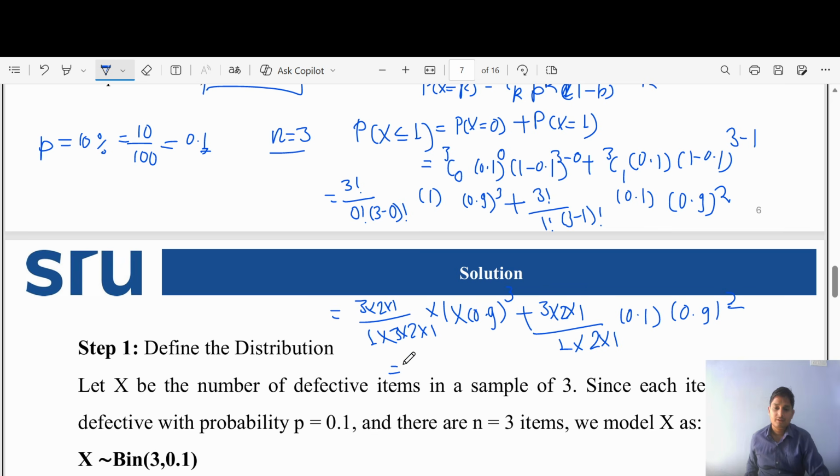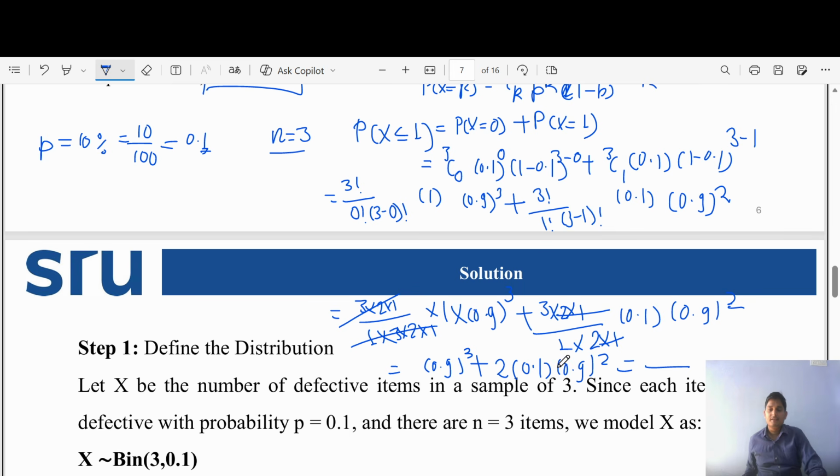So 3 into 1, 3 into 1 cancel out, only 0.9 whole cube plus 2 into 0.1 into 0.9 whole square remains. If you solve this, you get the required answer.